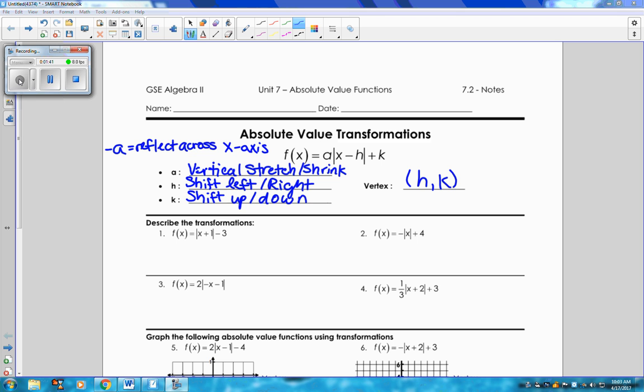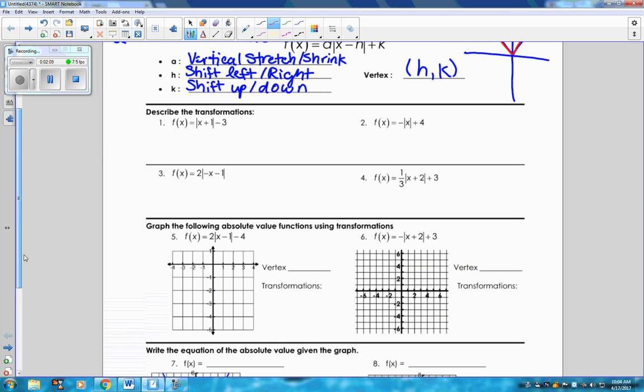Now, an absolute value function like the parent function graph looks something like this. That's what the graph looks like. I'll change the color so it's easier to see. So if we look at some examples that say describe the transformations, I'm going to list 3 things.